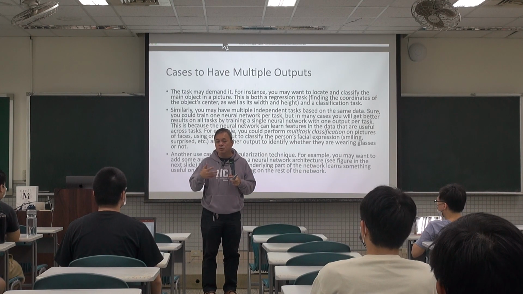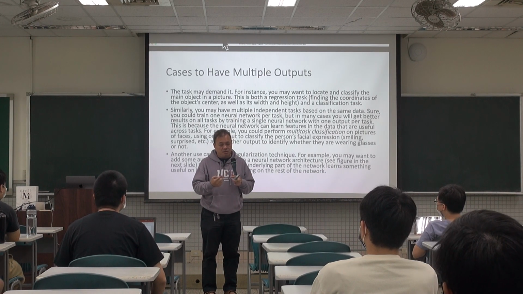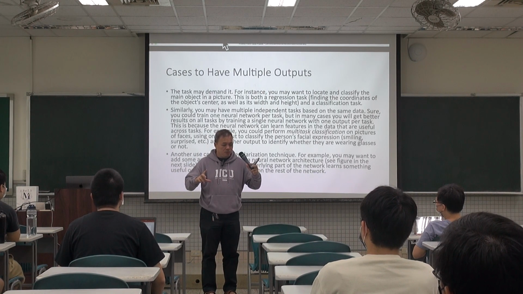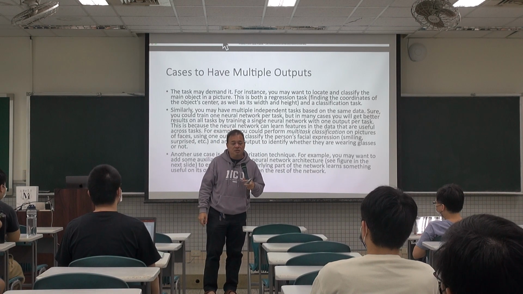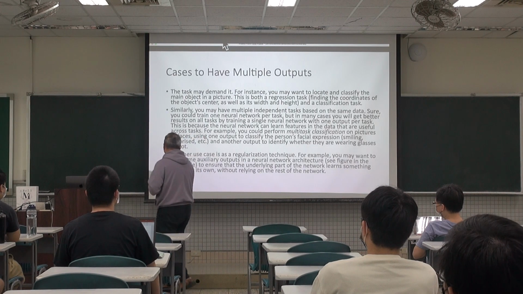It's going to be slower than one model. So if you are able to use just one model to complete two tasks simultaneously, wouldn't that be nice? Because it will save you some time as well.